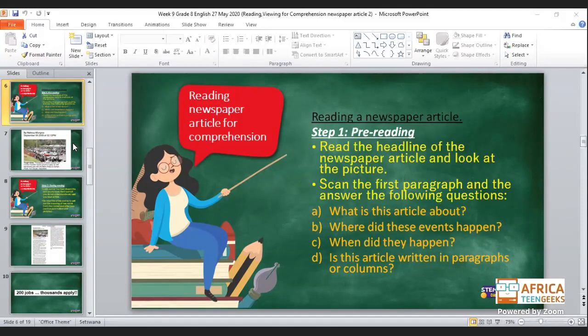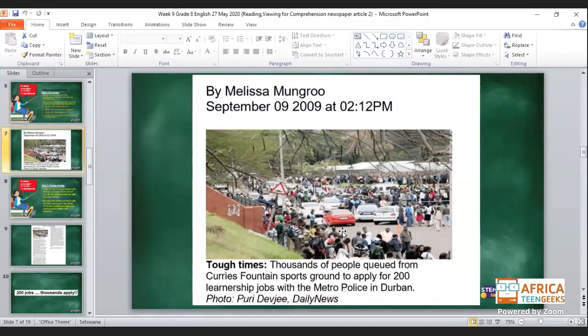And you will see, even in our article, there is a date. You know that this article was written by Melissa Mungru, and it was written on September 9, 2009. So you realize that this was an article from an online newspaper. If you did the homework yesterday when I told you to go through News24 and other news sources, you will realize that this is how they write articles.